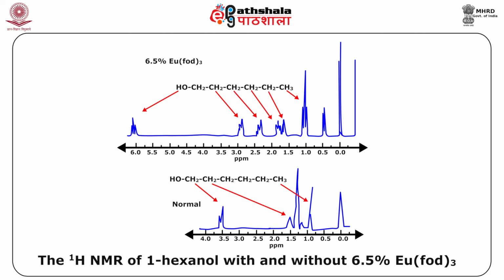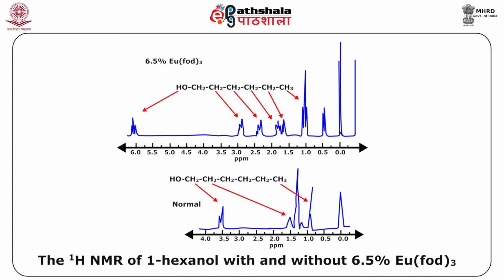We can clearly see only the signals due to the terminal methyl protons, that is a triplet at delta value of 0.9 ppm, and due to the methylene group next to the hydroxyl group, that is a triplet at delta value of 3.8 ppm. Now the remaining methylene protons come as a broad and unresolved peak between 1.2 and 1.8 ppm delta value.